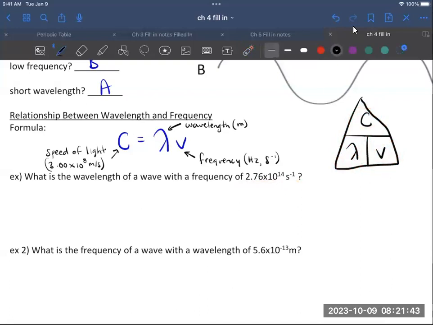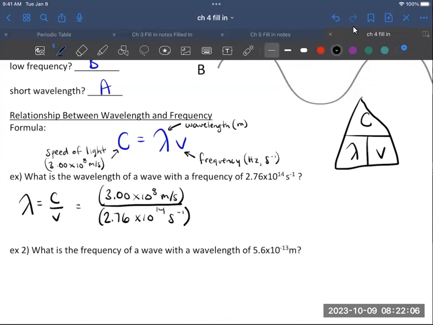Our wavelength is equal to the speed of light divided by frequency. The speed of light is 3.00 times 10 to the 8th meters per second, divided by the frequency, 2.76 times 10 to the 14th.